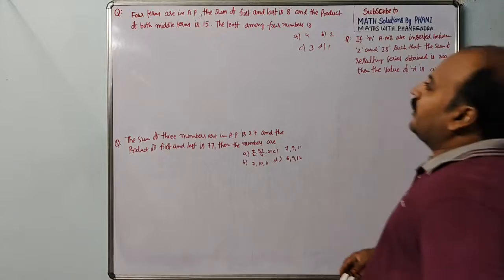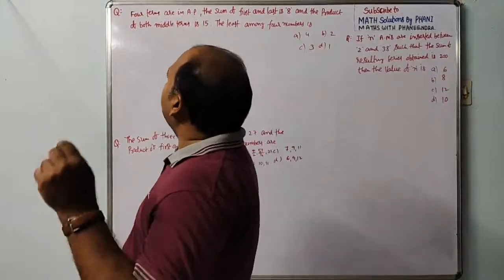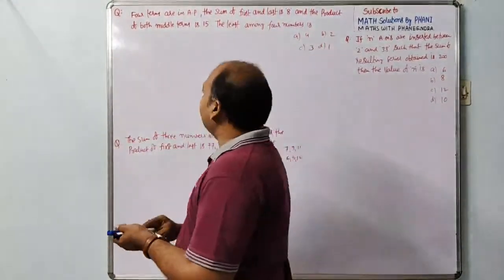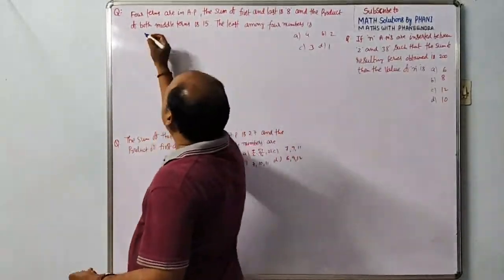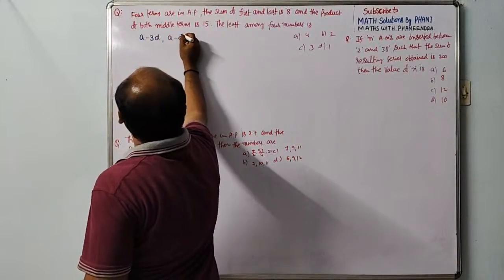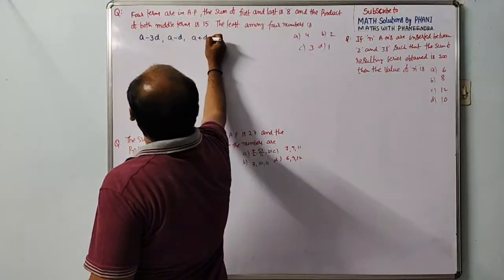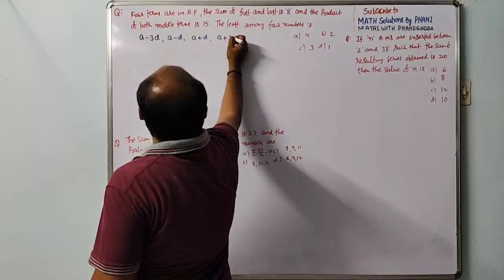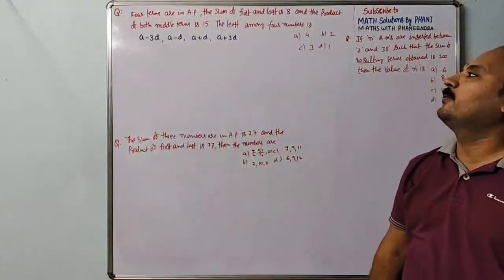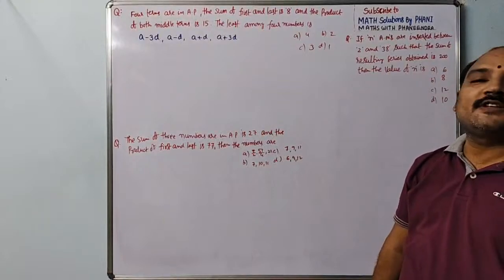Four terms are in arithmetic progression. We already discussed this in the previous classes. The four terms we can take like this: A minus 3D, A minus D, A plus D, A plus 3D, which are in AP, whose common difference is 2D.